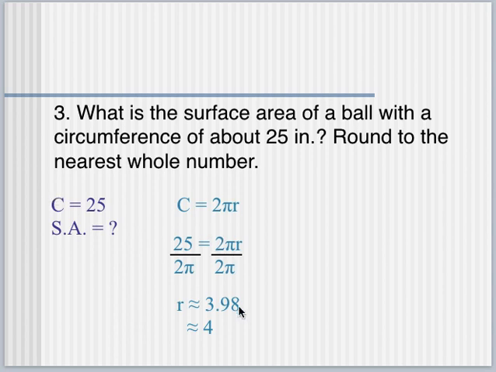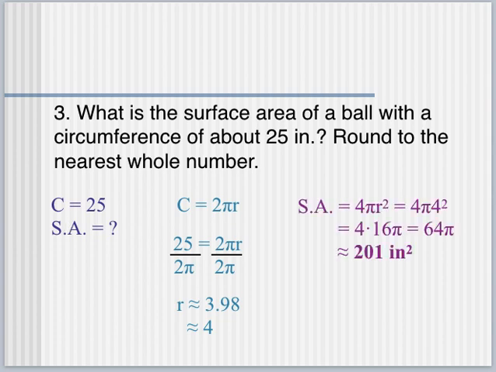You divide both sides by 2 pi to cancel out the 2 pi in front of the r, and you get something very close to 4. You could use 3.98 or you could just use 4, either way. Because they tell us to round to the nearest whole number at the final step, you might as well round now. Now you have your radius and you can plug it into your surface area formula, and you should get something within the ballpark of 200 square inches.